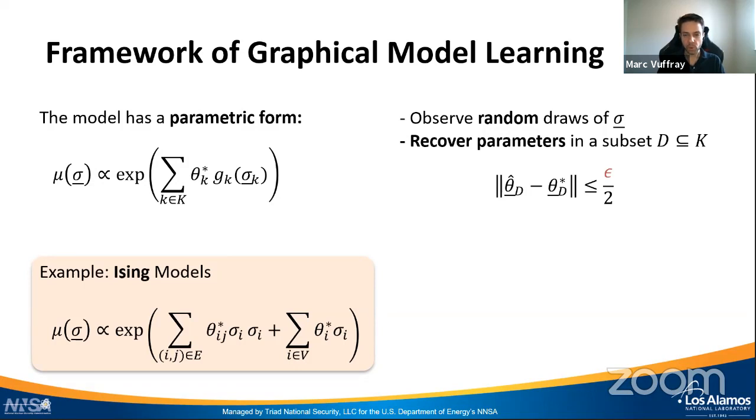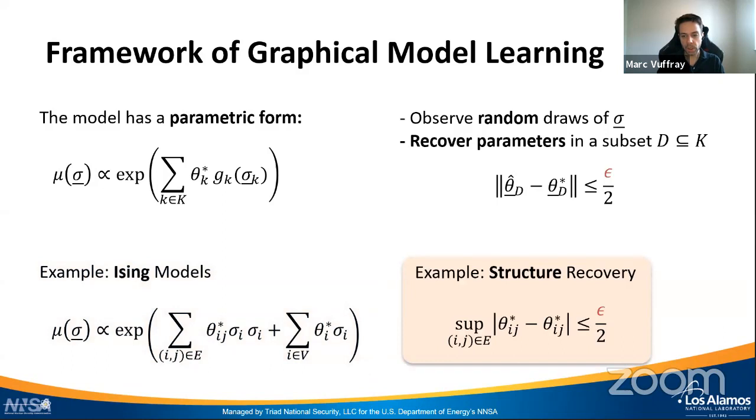And if you're interested in reconstructing the graph underlying those conditional independence relationships, then the type of norm in which you would like to reconstruct the parameters is the L infinity norm. So you would like to make an error on the pairwise coupling which is at most epsilon or epsilon over 2. Right. So that's the definition of graphical model learning, of the framework.